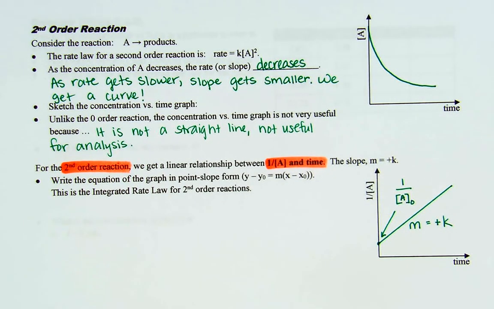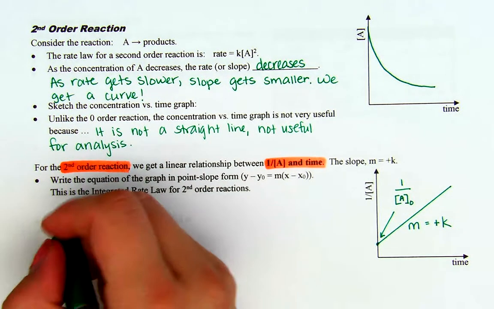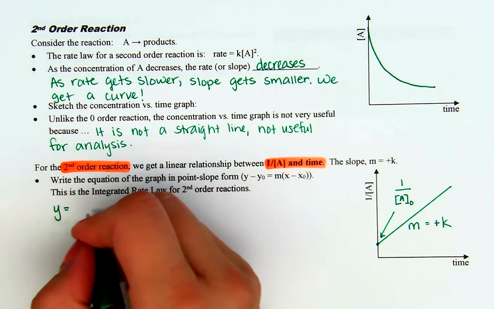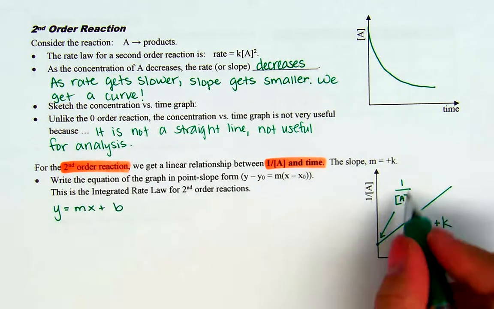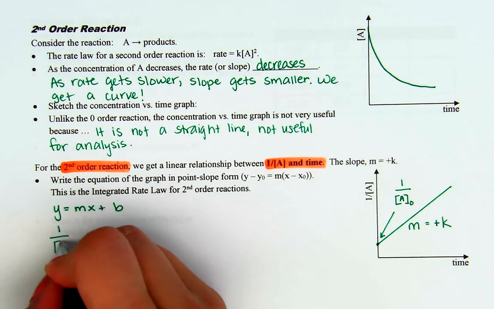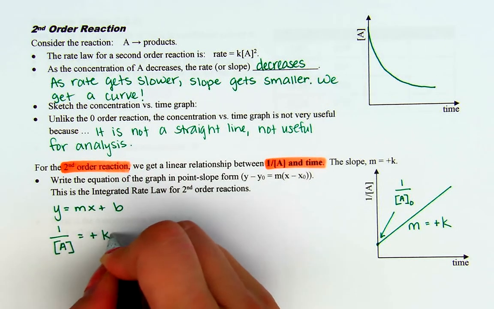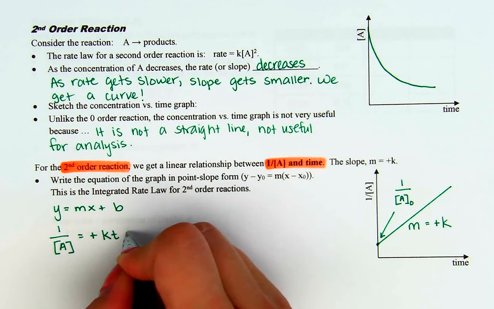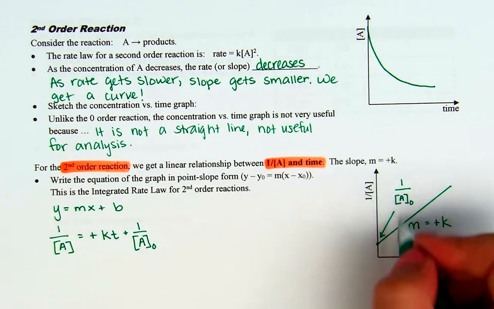So if we want to write this in y equals mx plus b format, we would have our y is 1 over A equals positive kt plus 1 over A at time 0 for our intercept there.